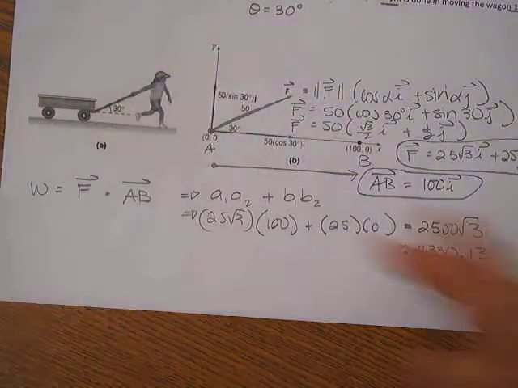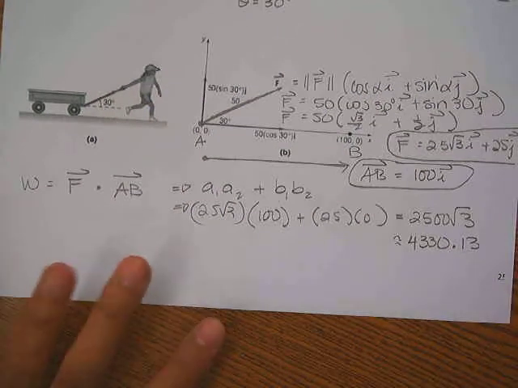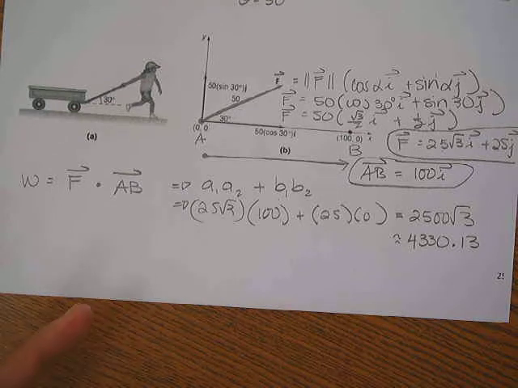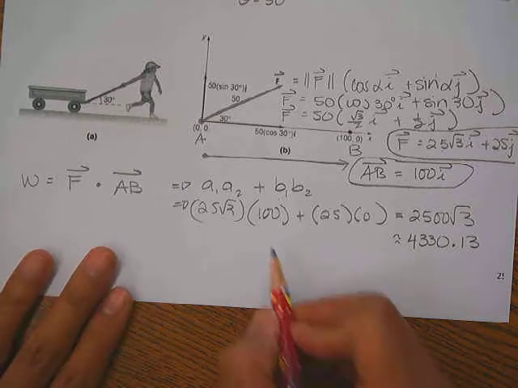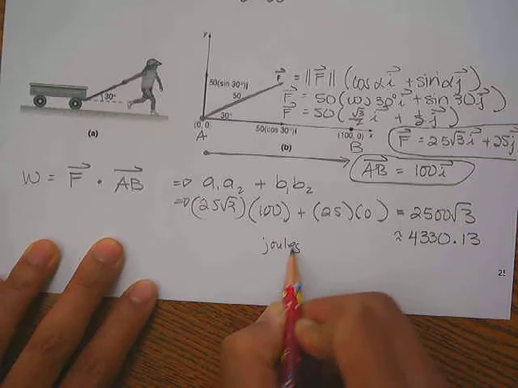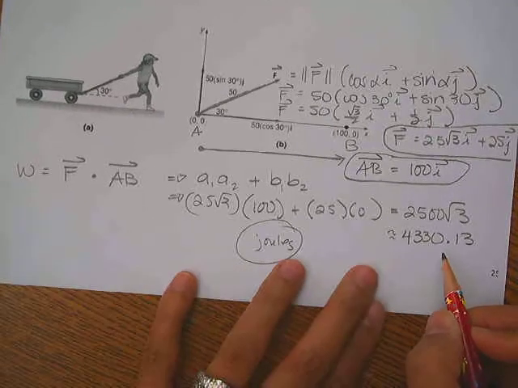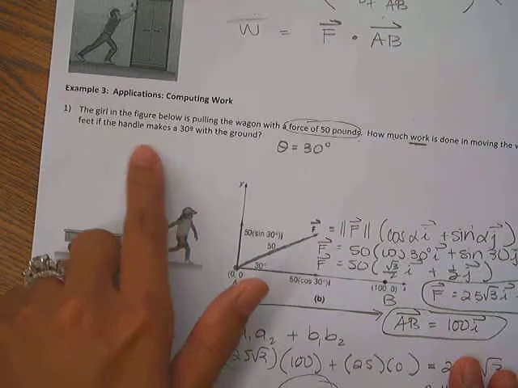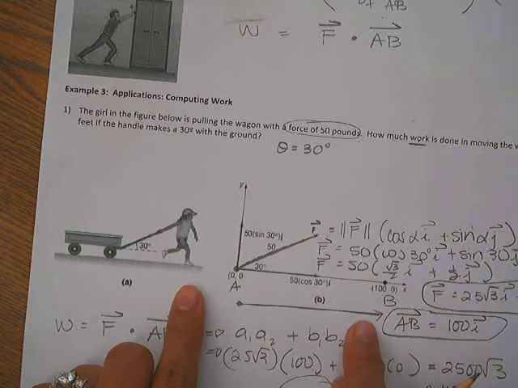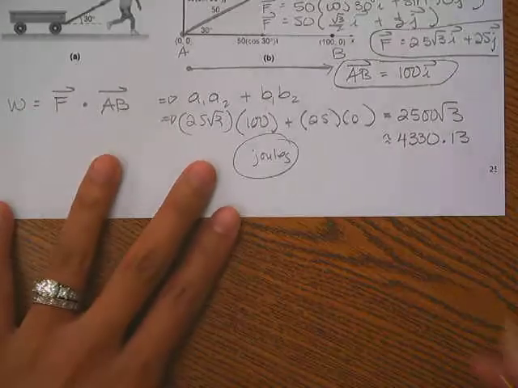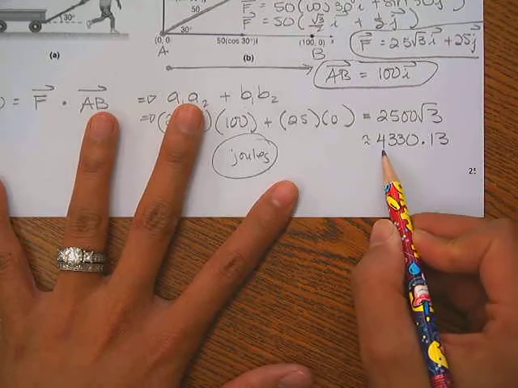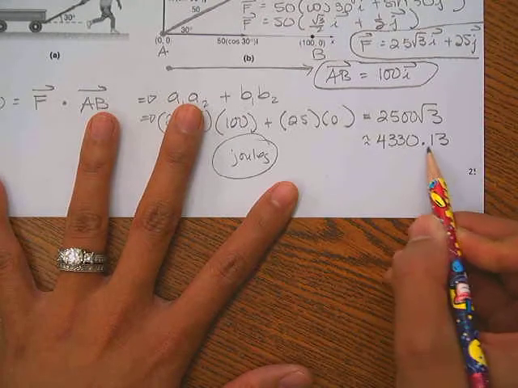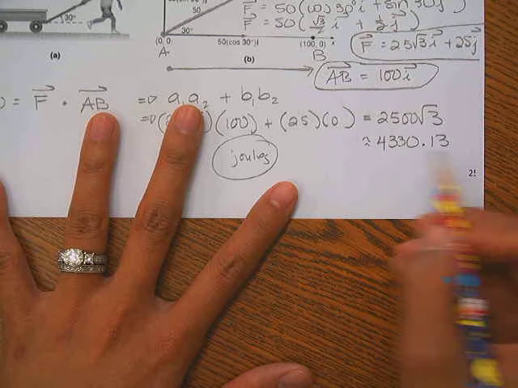And the unit of measurement for work. There are two types of unit of measurement. In physics, especially if you're in physics, you have joules. Now for our particular one, we're talking about pounds, and we're moving in this direction in probably feet. So we're going to move about 4,330.13 pounds every foot.